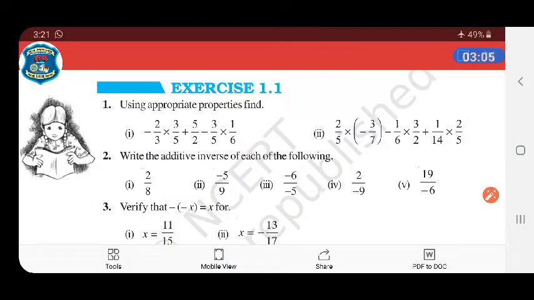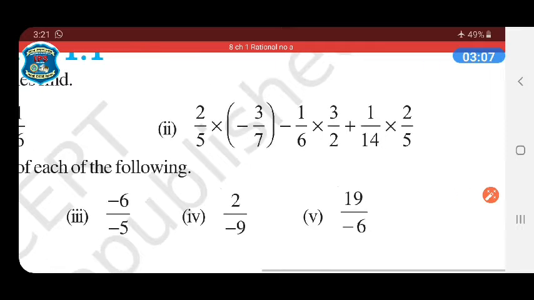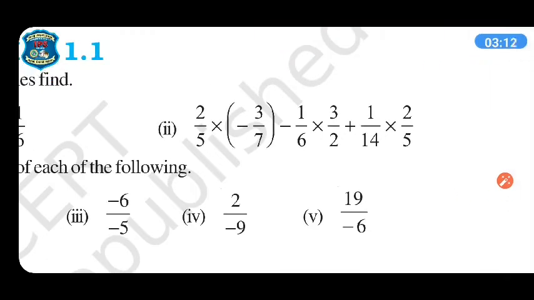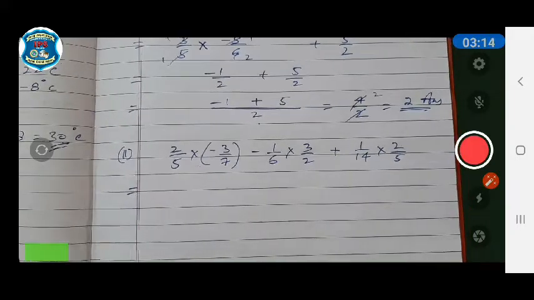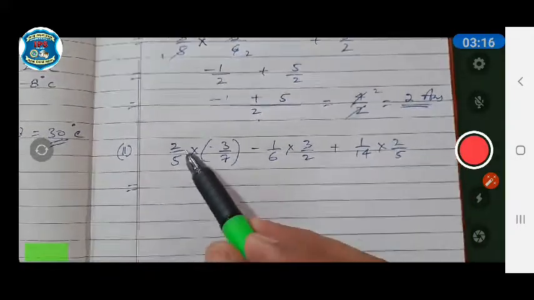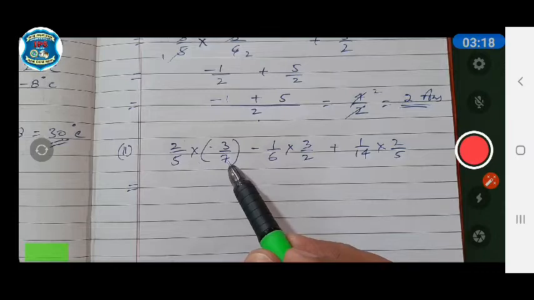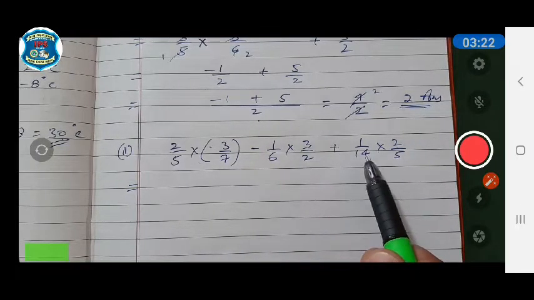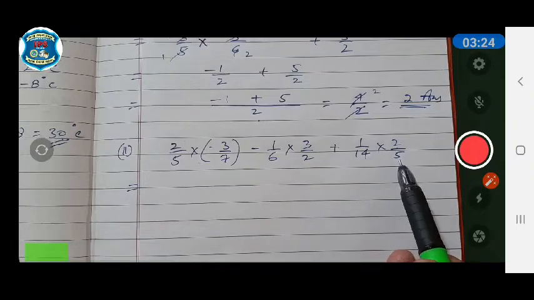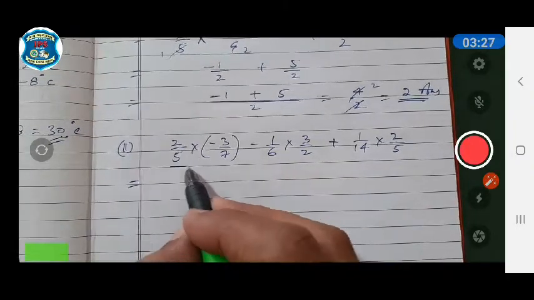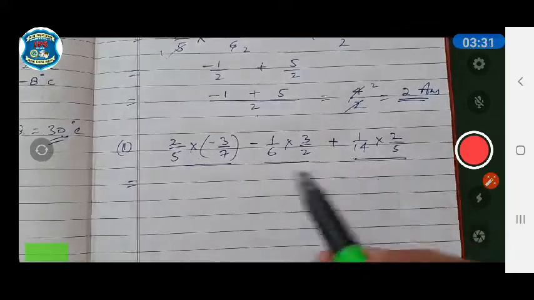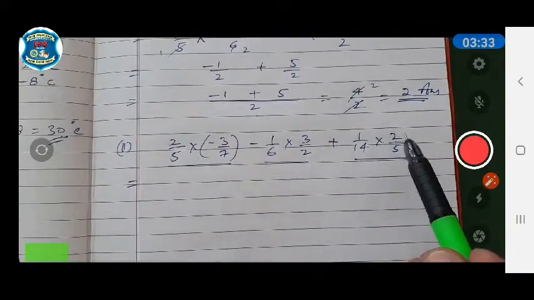Now the second part, note down the second part. See, the second part is 2 upon 5 multiply minus 3 upon 7 minus 1 upon 6 multiply 3 by 2 plus 1 upon 14 multiply 2 by 5. Now if you see, there are three pairs of multiplication, but among these three, this is 2 upon 5, here it is 2 upon 5.